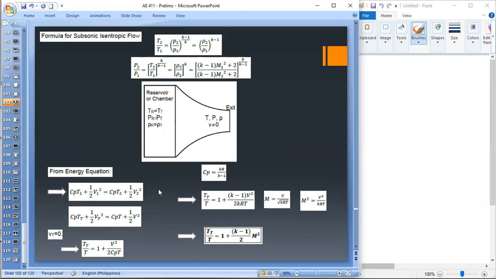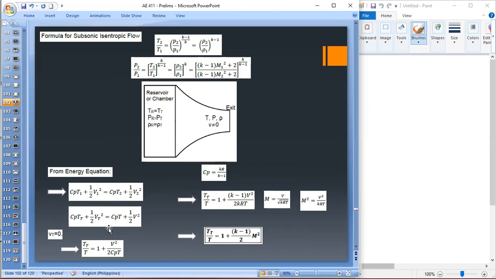Then at the stagnation point or total point, the velocity is 0. We covered that in module 3. So here, you derive it by taking your total temperature, your T2. In our diagram, the reservoir temperature is at the point where our velocity is 0.